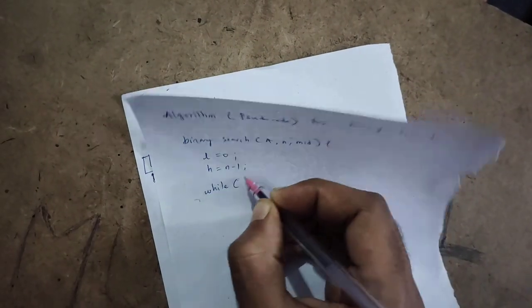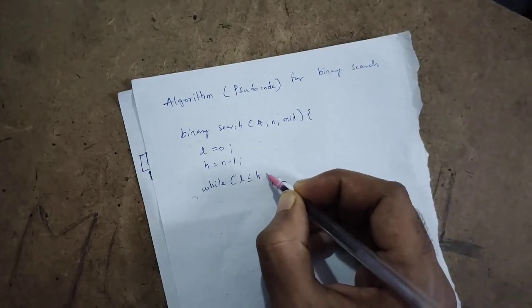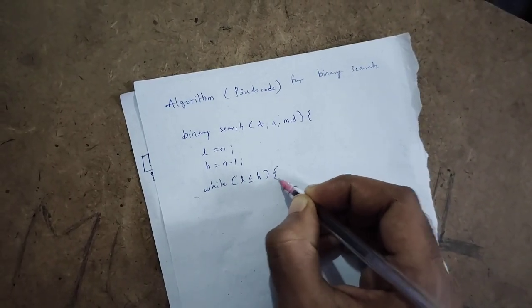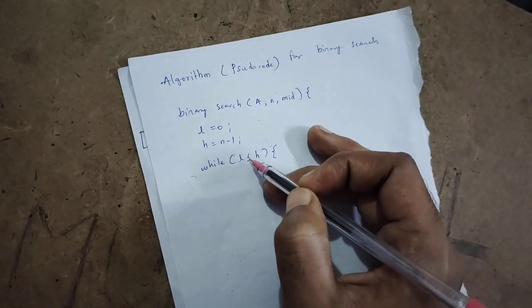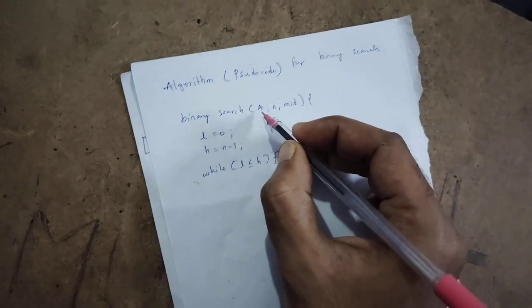While L is less than or equal to H, because L is always less than or equal to H, since it is an array, the first and the last index.